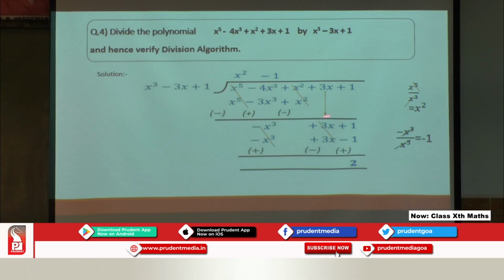Now again we should subtract, that means we should change the signs. Positive is changed to negative, negative to positive, and positive to negative.